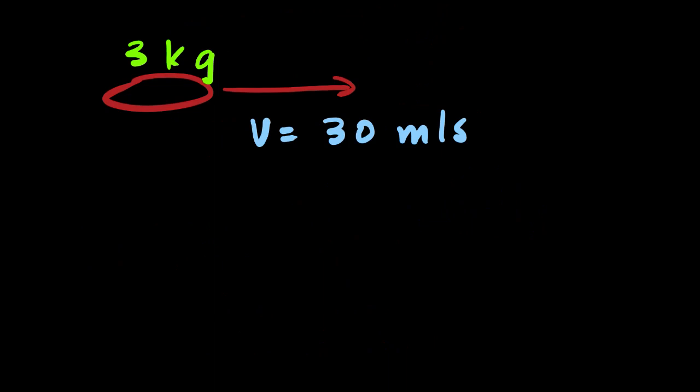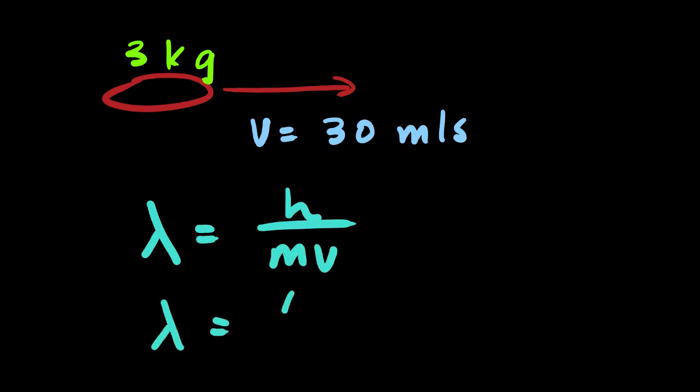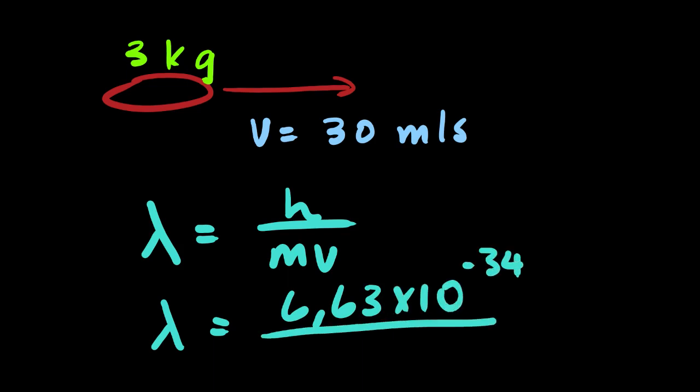Suppose we have this 3 kg object moving this direction at the speed of 30 meters per second. How do we determine the de Broglie wavelength of this object? Planck's constant divided by mv. 6.63 times 10 to the power negative 34 divided by the mass, it's 3 kg, and then the velocity is 30.